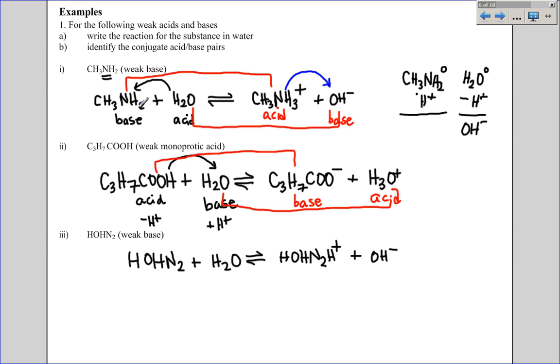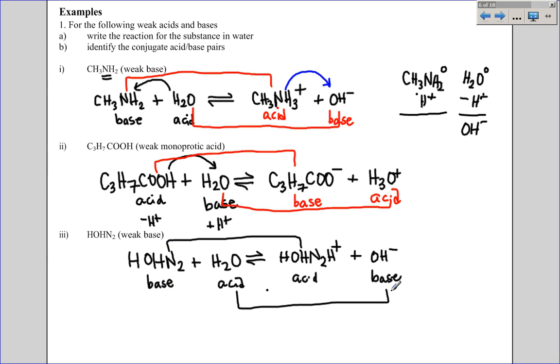And in my previous example, I attached it and joined it with these two H's, because these two are joined to the nitrogen, and then I've attached a third one to the nitrogen. So this is my base, this is my conjugate acid, and they're a pair, and this is my acid and my conjugate base, and they're a pair.